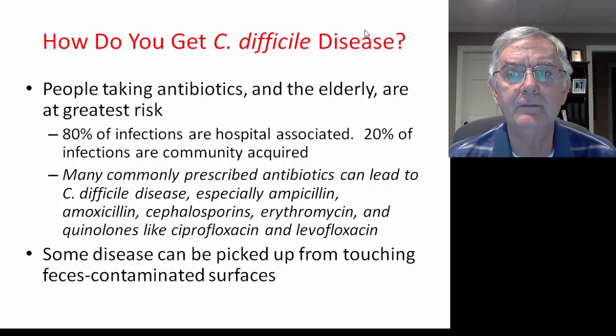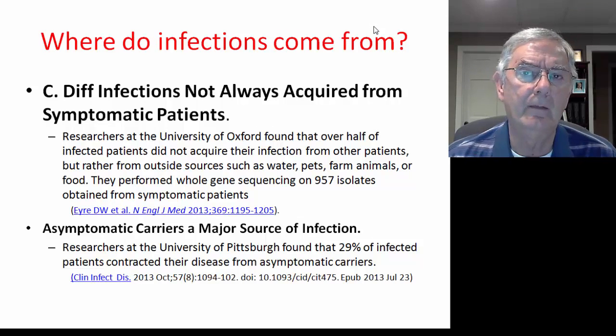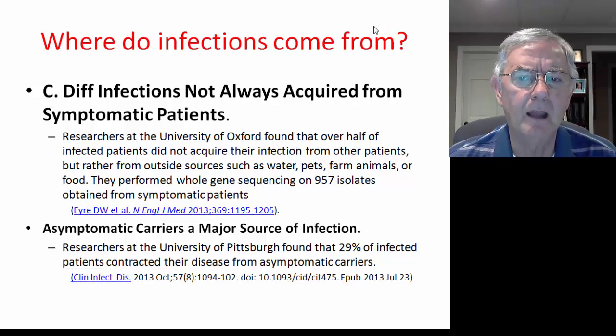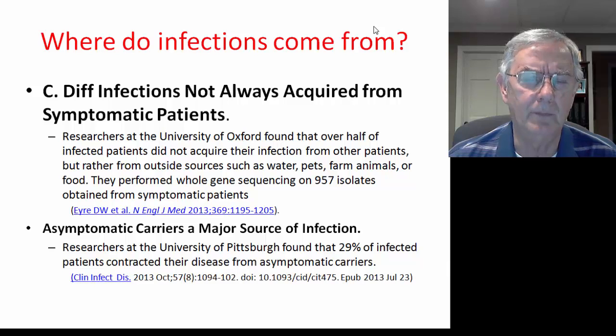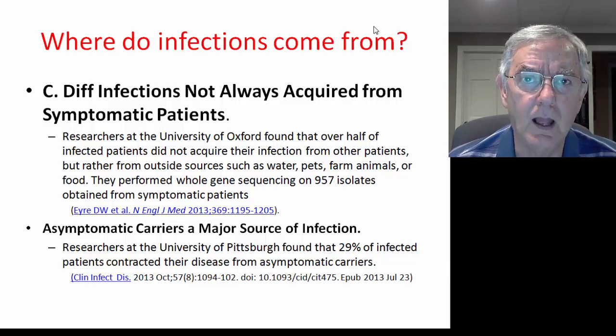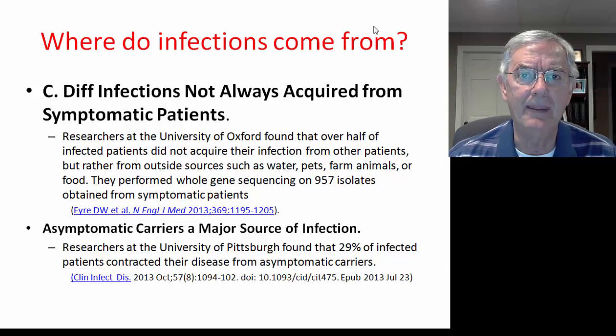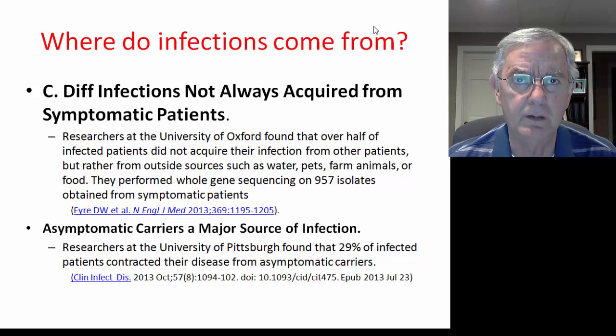So where might these infections come from? C. diff infections really may not always be acquired from symptomatic patients. The patient that is in your hospital or that you're seeing may in fact not have gotten their infection from another infected patient.